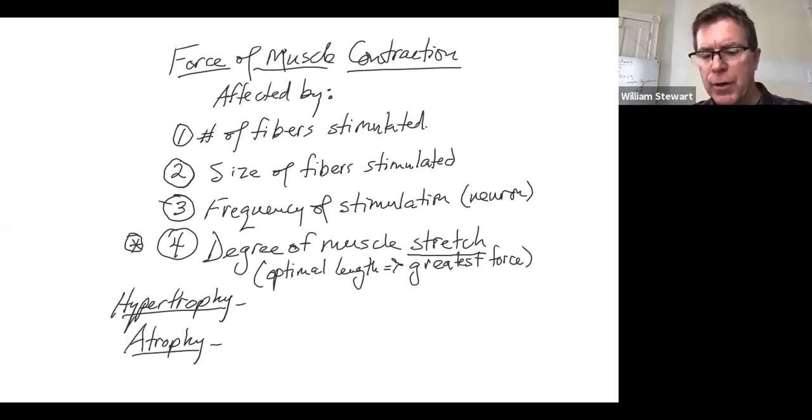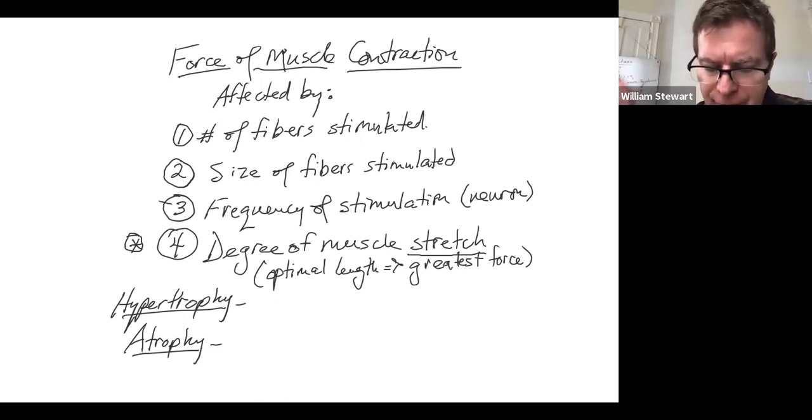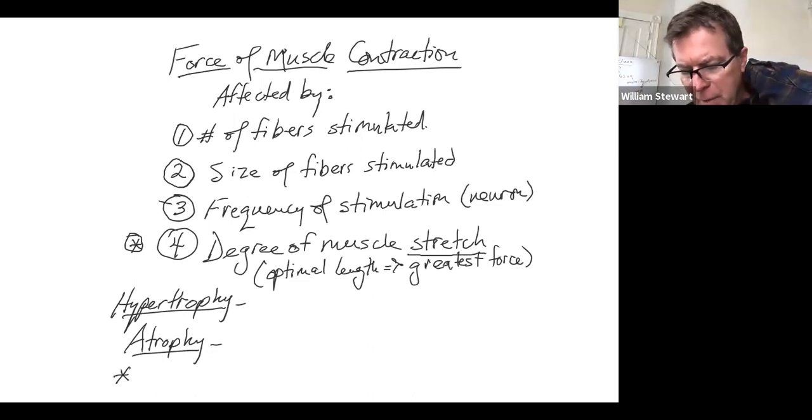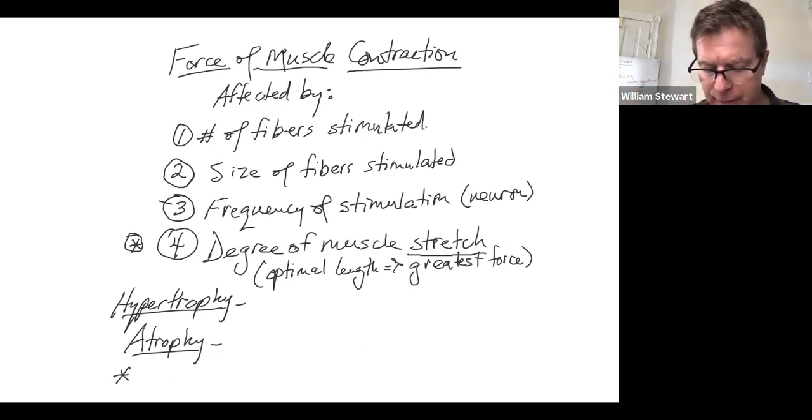And I know I went over the 3 types of muscle fibers: slow oxidative fibers, fast glycolytic fibers, and fast oxidative fibers. Within those 3 fiber types, a muscle is typically made up of a mixture of all 3 of those fiber types. It's not just one of those 3 that makes up an entire muscle.